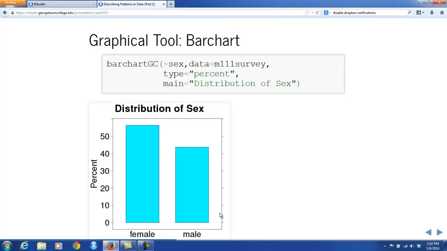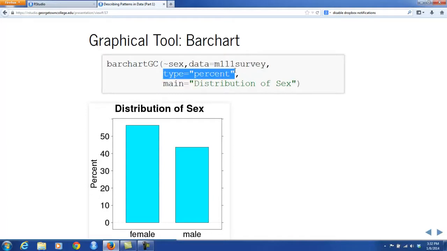The graphical tool that goes along with either tally tables or percent tables is bar charts. So we have from the TigerStats package bar chart GC, and what you do is apply it again to this formula, twiddles sex. Again, you need this argument that tells you what data frame is at issue, but another couple of arguments condition the look of the bar chart.